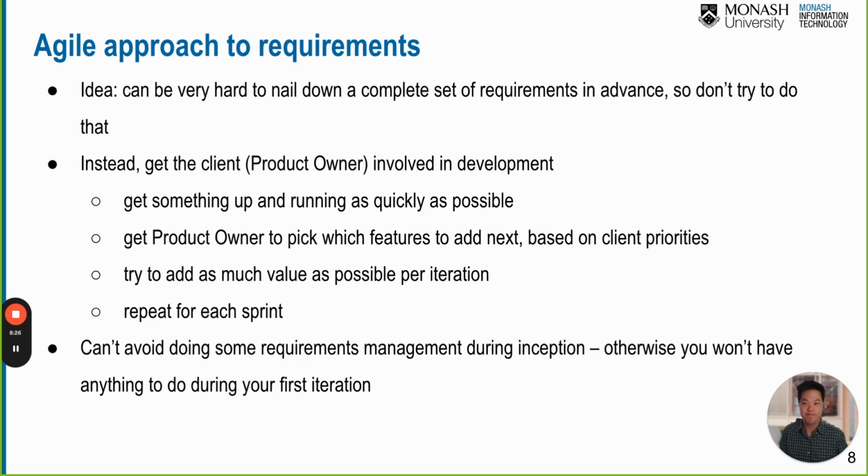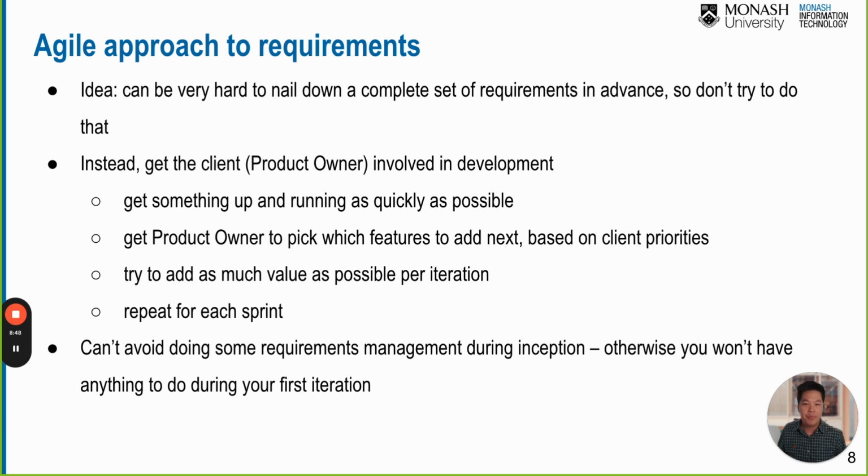This is nowadays the Agile approach to requirements. As I mentioned before, it is very hard to determine the complete set of requirements in advance, because we don't know what it will be or whether we need it or not.